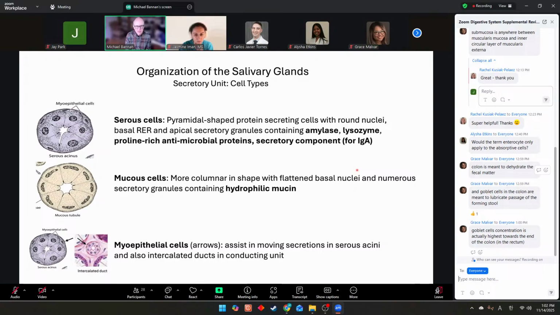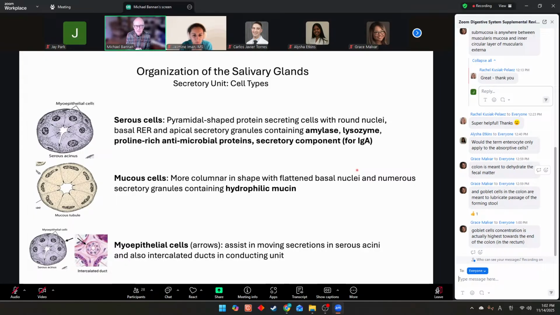The mucus cells, in contrast, are more columnar in shape, and their nucleus is pushed to the outside of the gland and is usually flattened rather than round. The cytoplasm is packed with secretory granules that contain hydrophilic mucin.